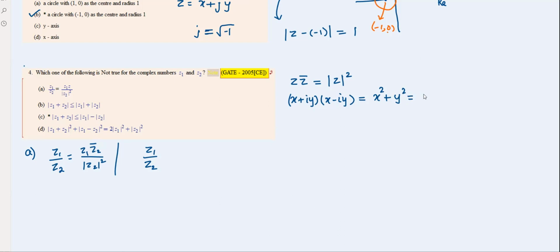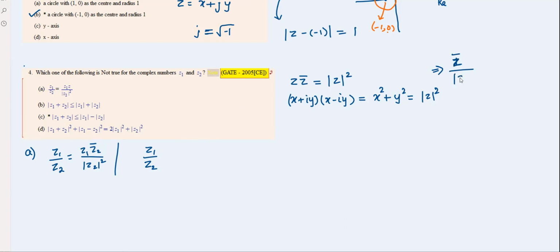And this is nothing but modulus of z the whole square. Modulus of z is under root of x square plus y square.